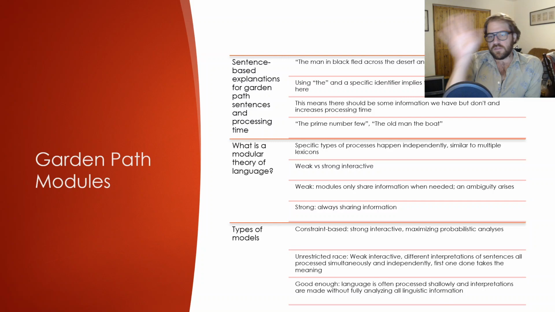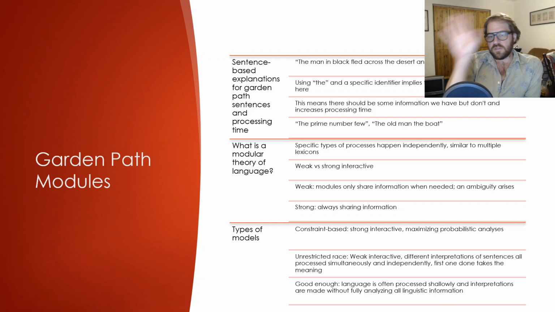The reason why this is a great sentence for the opening of a book is it kind of conjures a world almost of what's going on. You're using "the" and a specific identifier. And what this does is it implies that there's other people. There's a history with the man in black. Why is it not just the man? There's specifically a man in black. And then the gunslinger. So it's not just a man fled across the desert and another man followed.